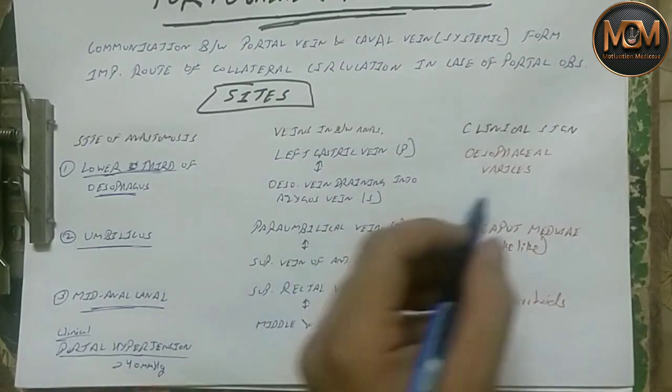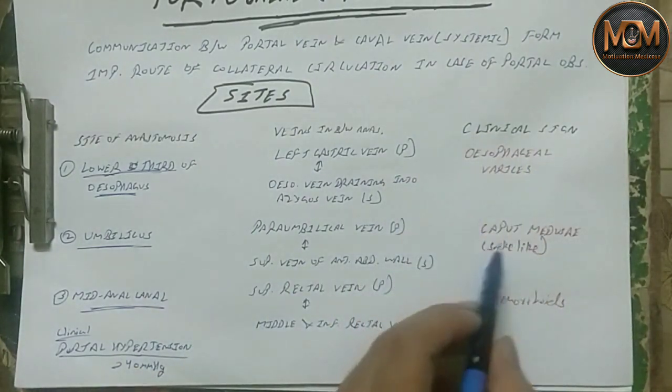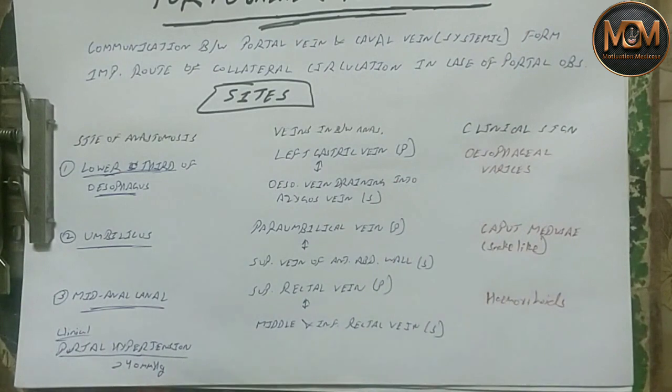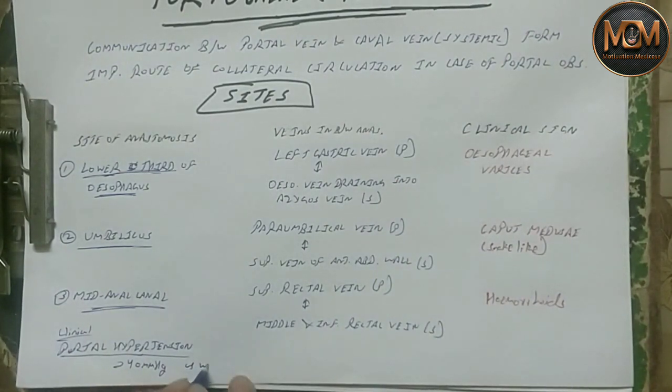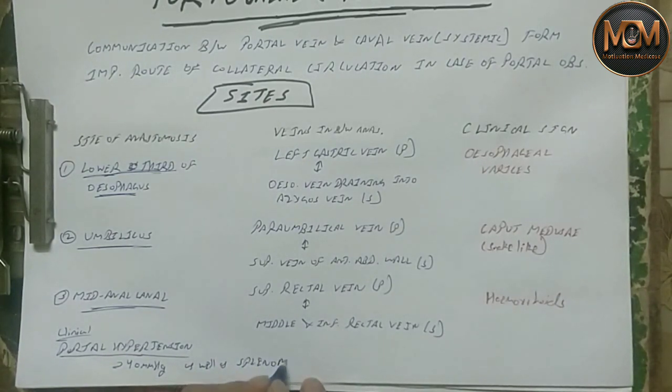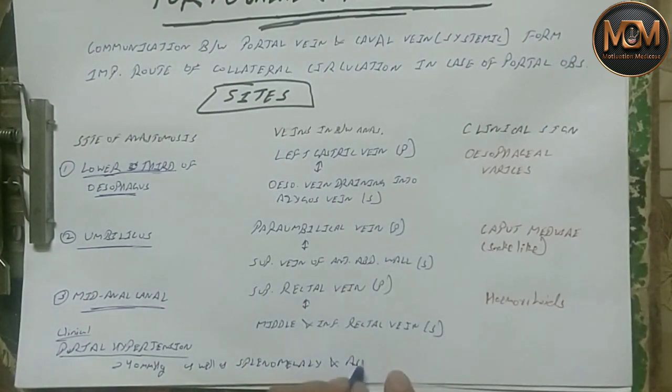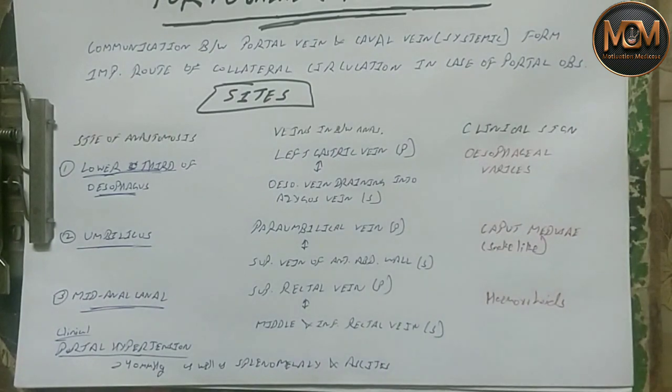The signs of this are esophageal varices, caput medusae, hemorrhoids, as well as splenomegaly and ascites. Ascites means fluid formation inside the peritoneal cavity.